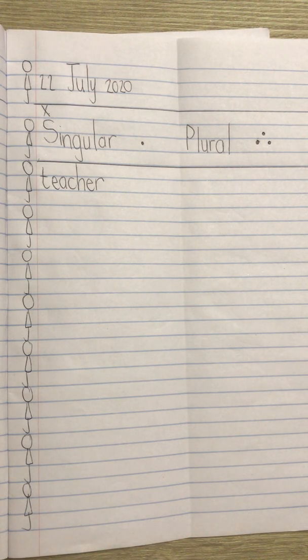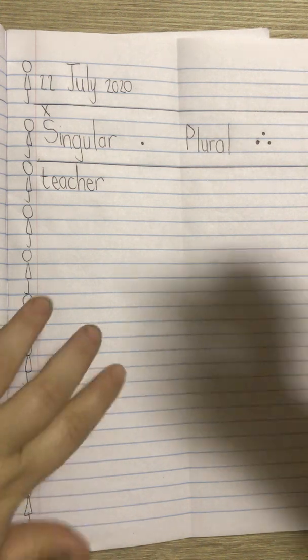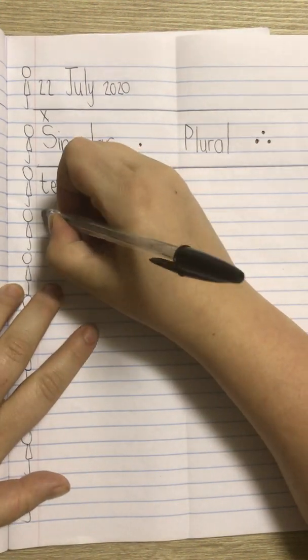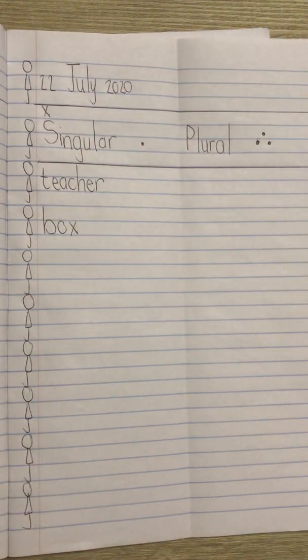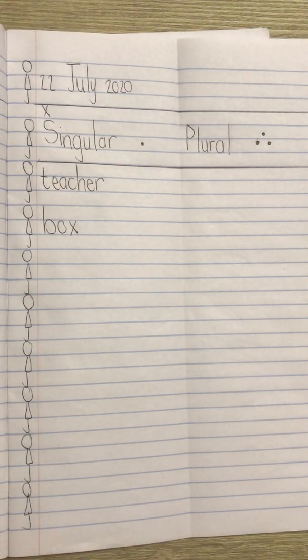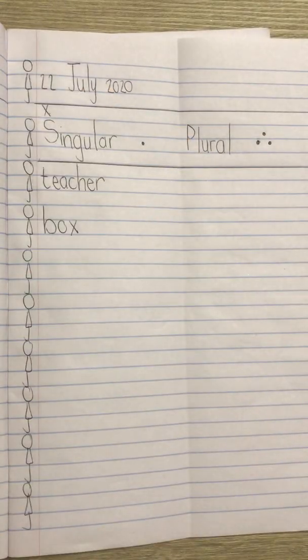So let's do the word box. Box. Any word that ends in s, sh, ch, x, gets an E-S at the back. So I wrote the word box. You write the plural for the word box.